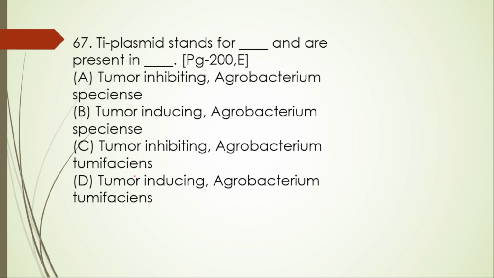D is right, because here inhibiting is given, so that is wrong. Agrobacterium species is given, wrong. Agrobacterium tumefaciens is right, but inhibiting is wrong, so this one is wrong.